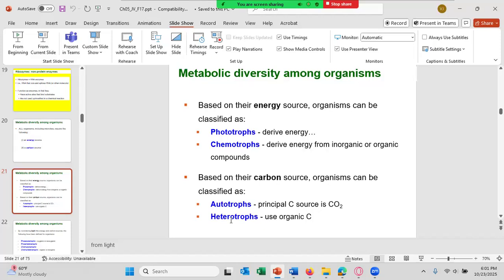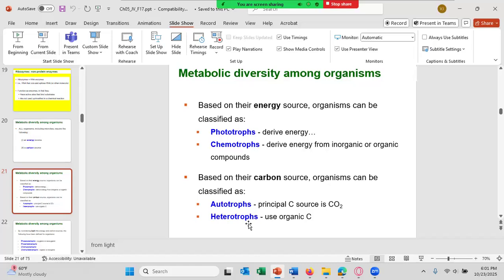These are organisms that get their carbon source from an organic chemical compound. Humans are heterotrophs because we get our carbon largely from the food we eat, such as glucose. Any question about any of that?